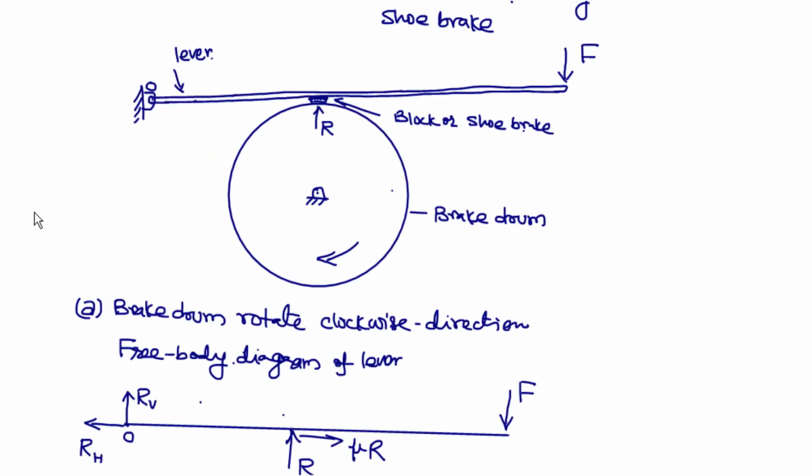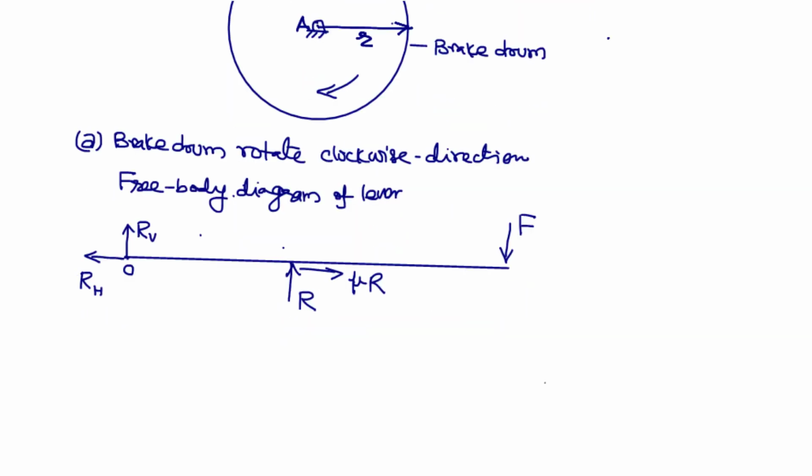The dimensions: this is the radius R, this is A, and this is B from O. This is O, and this is B, and this is A.